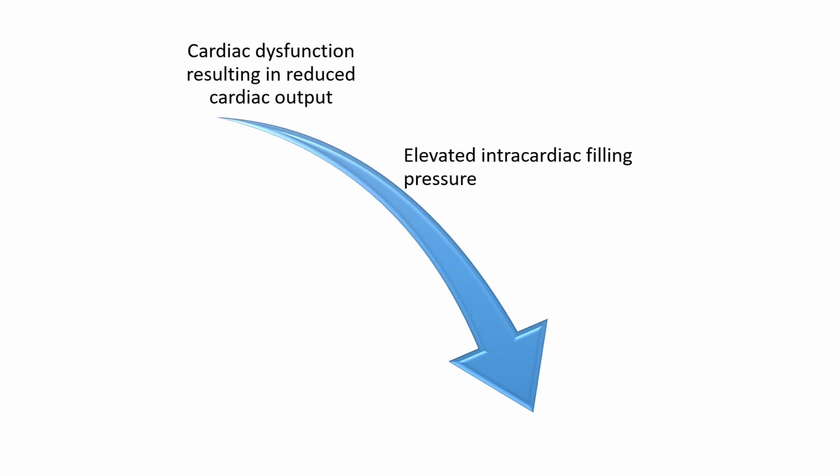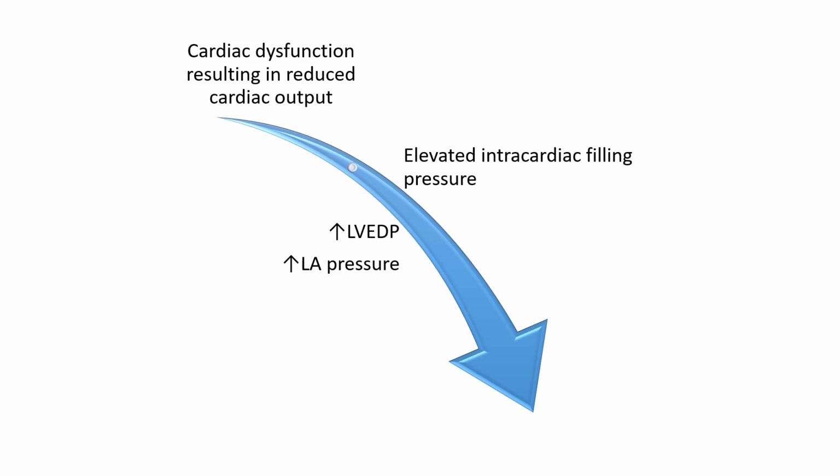So now let's analyze the sequence of events starting with cardiac dysfunction resulting in reduced cardiac output. Since the heart is not able to pump out the blood efficiently, the pressure in the heart starts rising. And this elevated intracardiac filling pressure on the left side is referred to as the increase in left ventricular end diastolic pressure or left ventricular end diastolic volume.